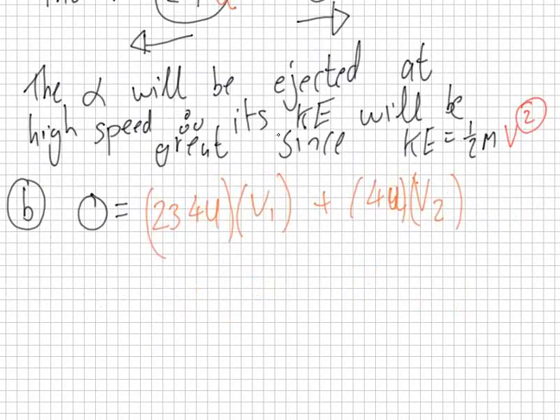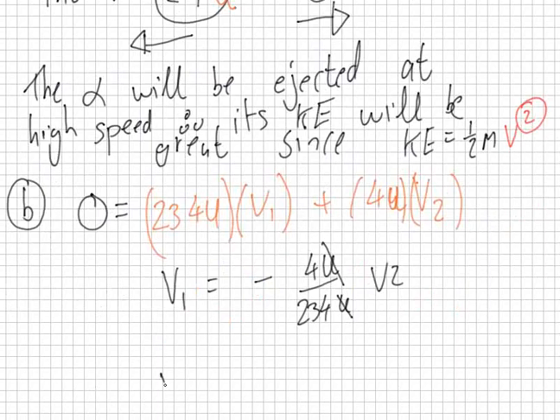Anyways, this here, what's the problem with this? Can we find the V1 and the V2? No, we can't. The best we can do is say V1 equals minus 4U over 234U times V2. So the U's cancel.